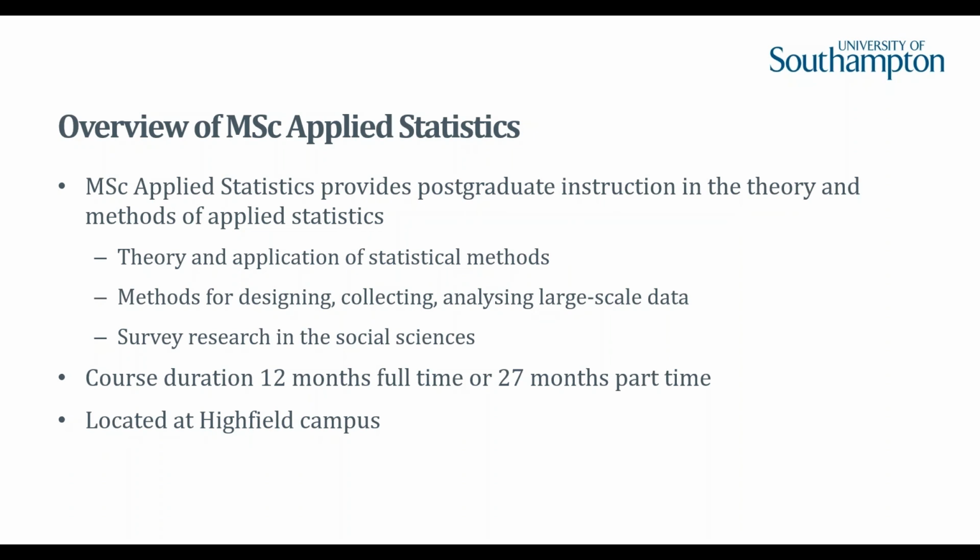These methods can be used to design, collect, and analyze large-scale data. And since this is a program that sits within the Faculty of Social Sciences, there is a specific emphasis on survey research in the social sciences, even though the methods that you learn can also be applied more widely. You can take option modules in many different disciplines, such as demography, data science, and mathematics.